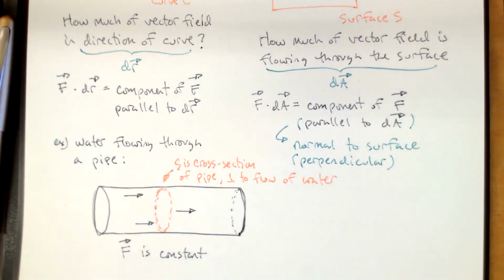So in this case, normal to the surface is the direction of the water. Then we're going to make a change.